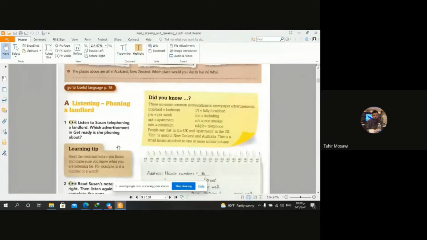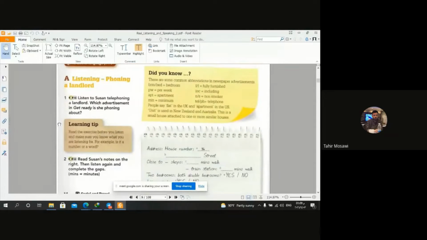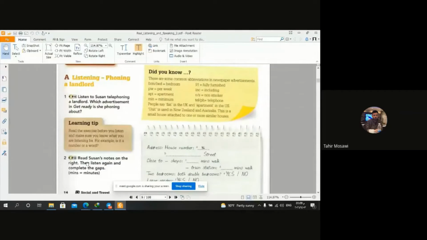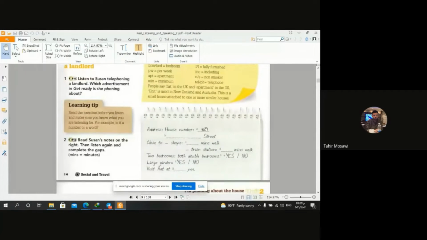Like if it is a number or a word, you have to know it before you listen. Here, track 12 is also played, and by which we should fill the gaps.